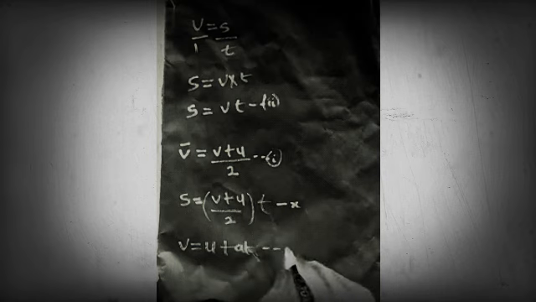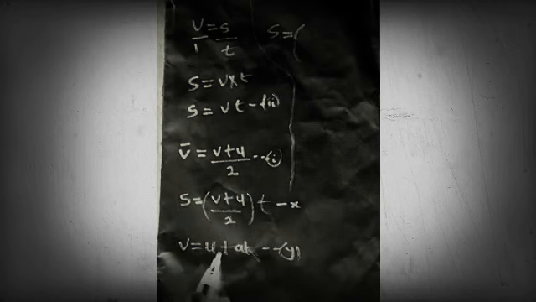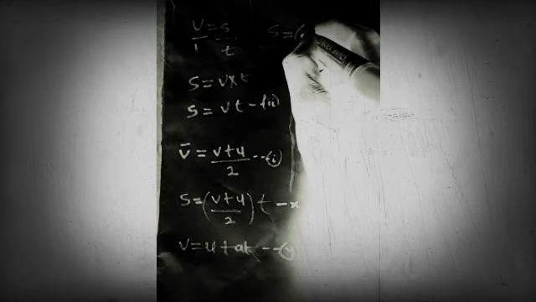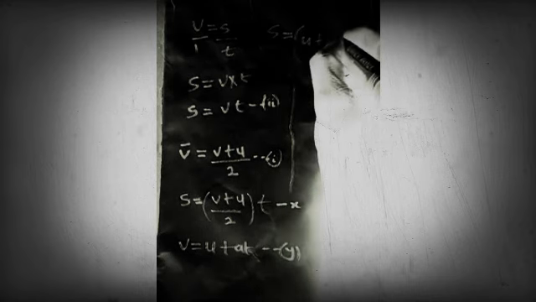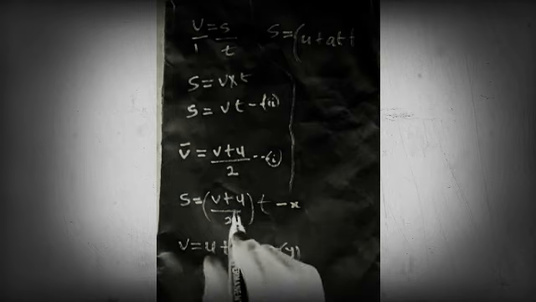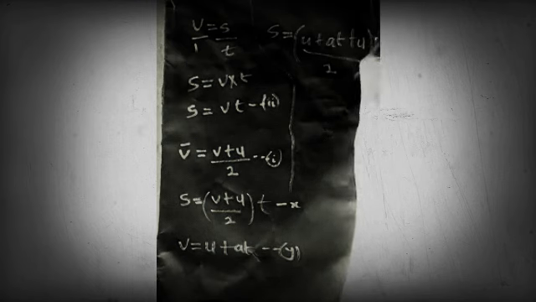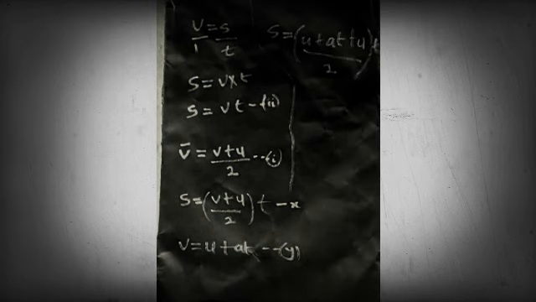Let us call this one equation Y. Substitute equation Y into equation X. If you substitute equation Y into equation X, you are going to have that S equal to, bracket open here, in place of V, you put the value of V, so that you now have U plus AT plus, there's another U here, U, all over 2, close bracket, T, which is the T outside.